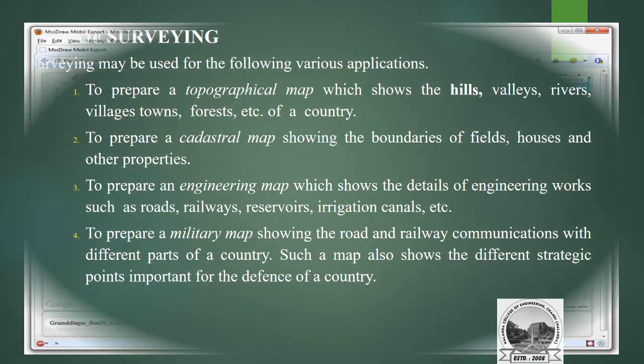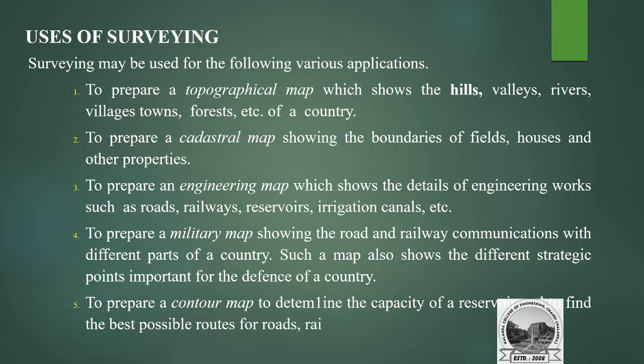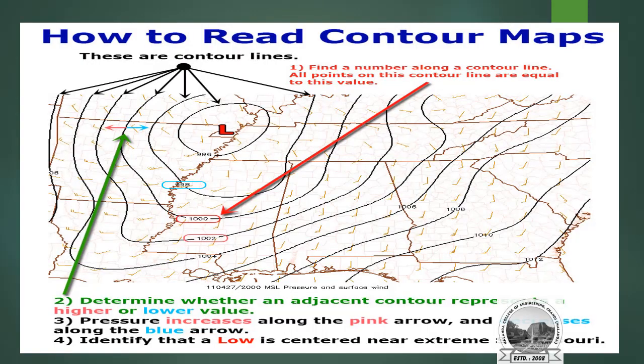Fifth, to prepare a contour map to determine the capacity of a reservoir or to find the best possible route for a road or railway. Here I have shown the contour map. Here this is low 1000, this is 998, 996. Contour is one of the chapters, which I will discuss in detail in upcoming videos.